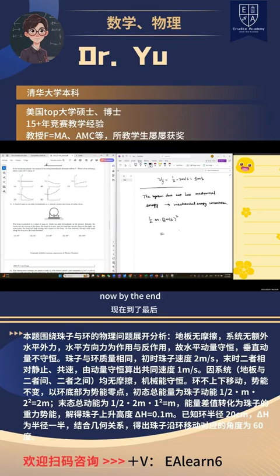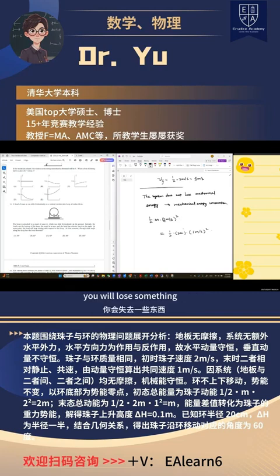Now, by the end, I have 1/2 times 2m times (1 meter per second) squared. That's my final kinetic energy. But if you notice, these two would not be equal.